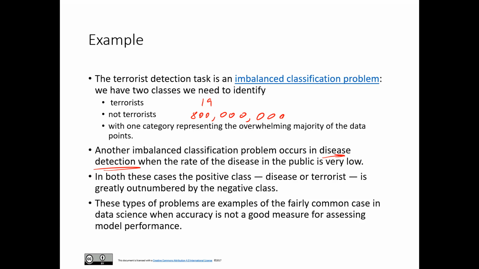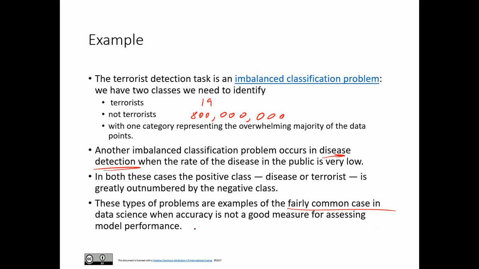In both these cases, the positive class, disease or terrorist, is greatly outnumbered by the negative class, non-terrorist for instance. So these types of problems are fairly common.